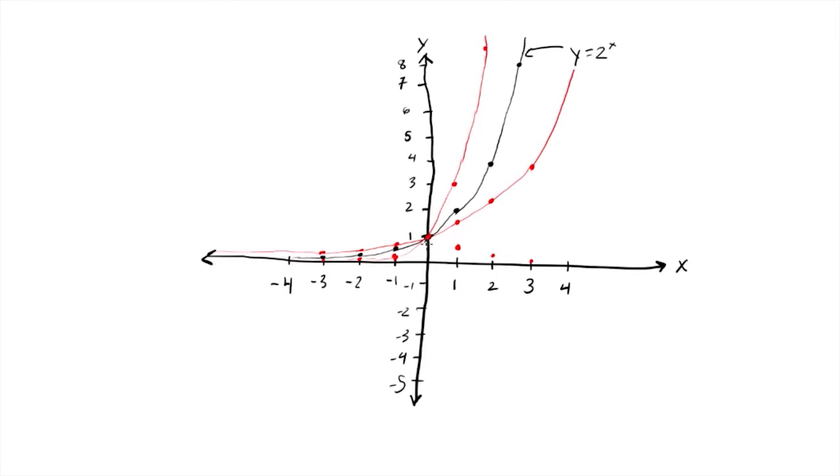And then to the negative values, we have -1, value of 2, -2, 4, and -3, 8. When we sketch this and we compare it to the graphs on the other side, it appears to be a reflection. In fact, looking at the values, it is a reflection of the graph of y equals 2 to the x.